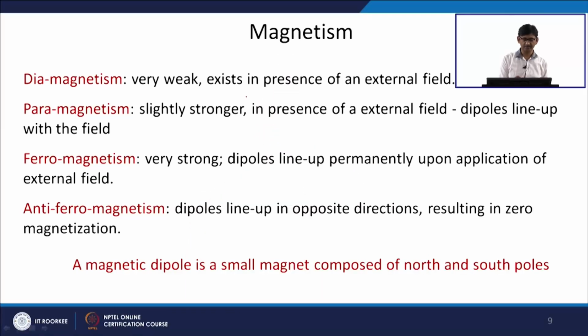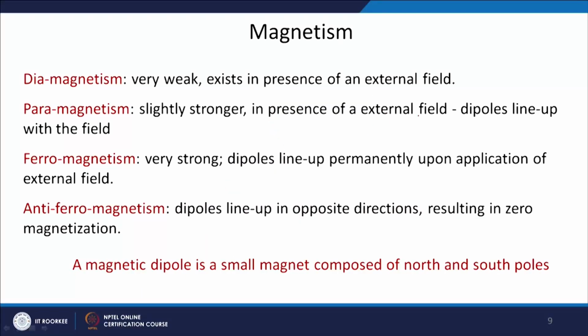Okay. Then coming to magnetic properties, the magnetism can be divided into different classes. Diamagnetism is a very weak magnetism which exists in the presence of an external field. So, when you apply the external field, only then you will see magnetism in the material, and when you remove the external field, then there will not be any magnetism.